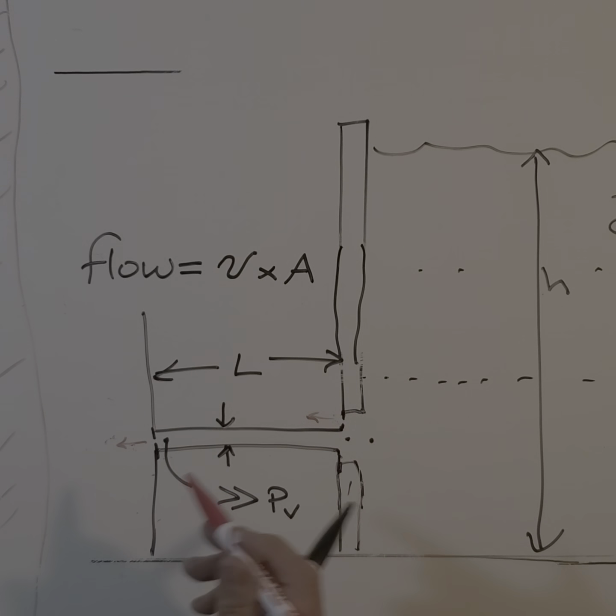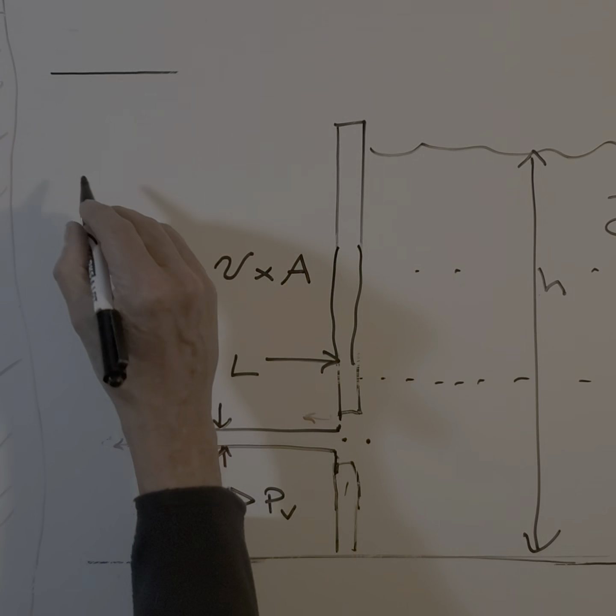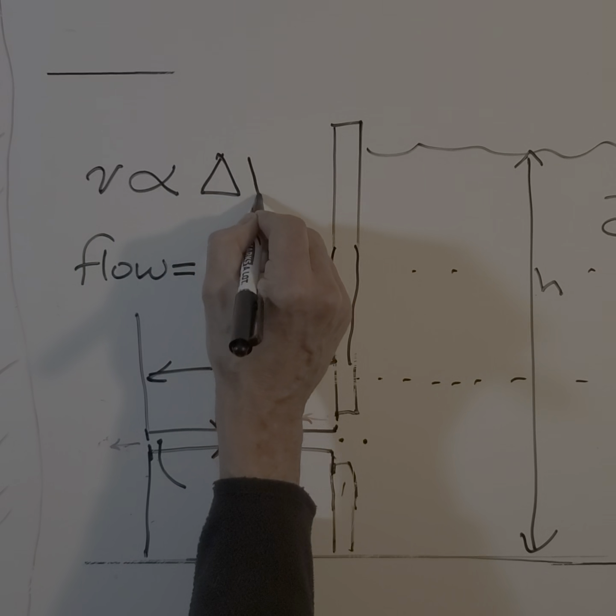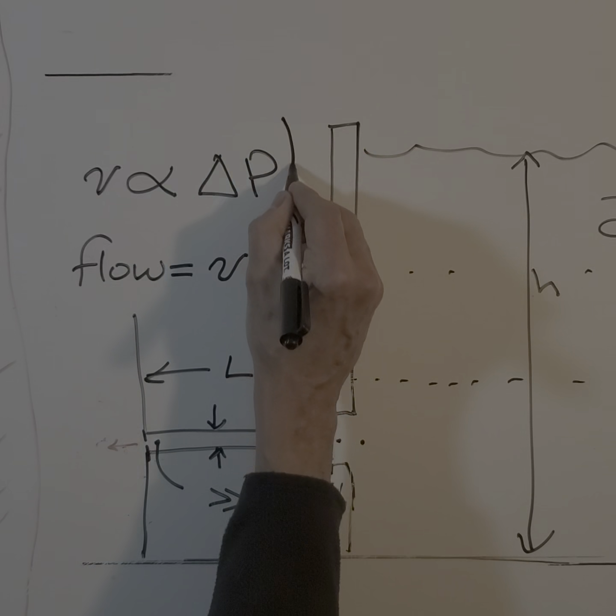But regardless of this case, the velocity through any aperture is proportional to the difference in pressure on each side of the aperture.